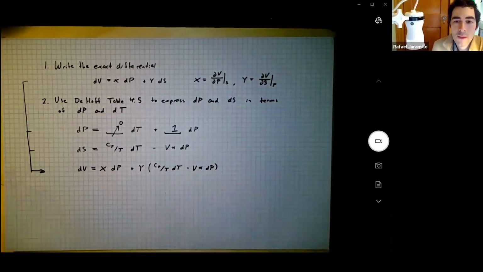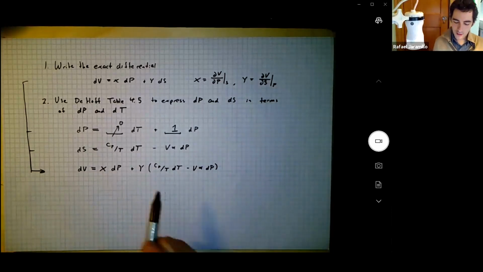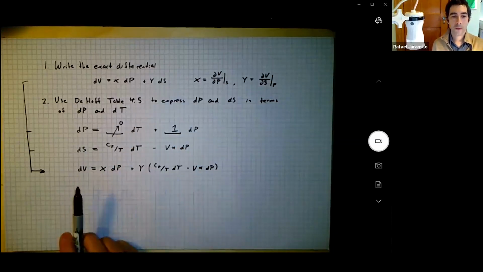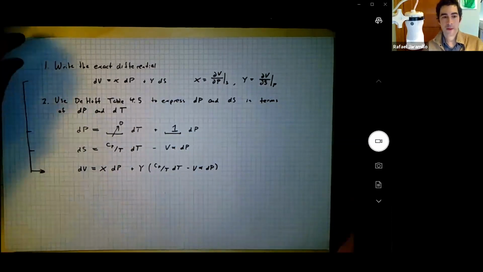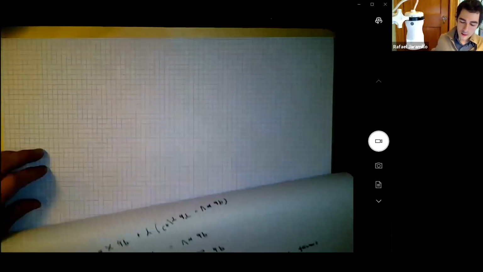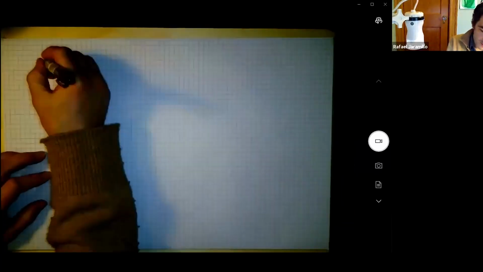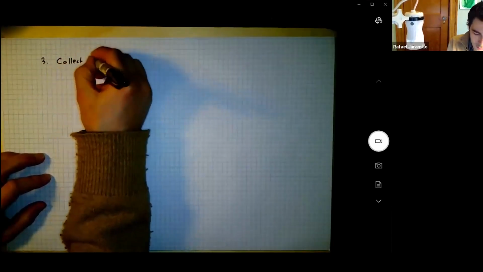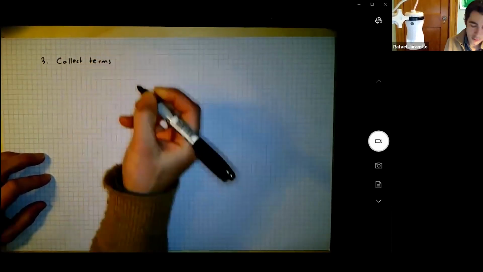But I just plugged in, substituted for dS here. Okay, so that's the second step. Then I'm going to collect terms. The third step is collect terms.